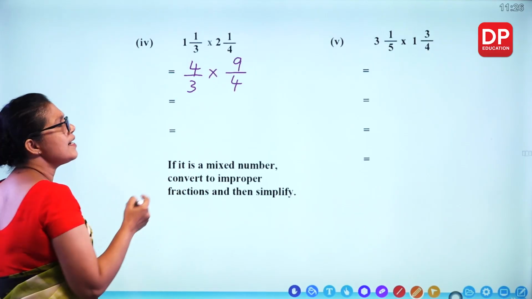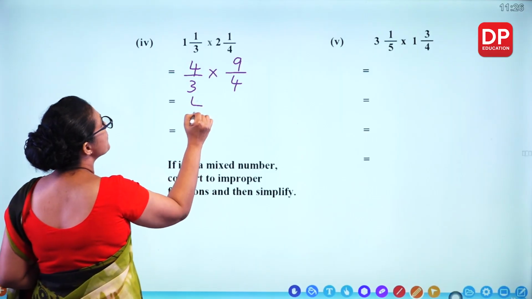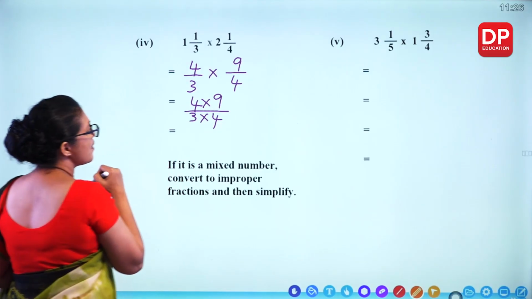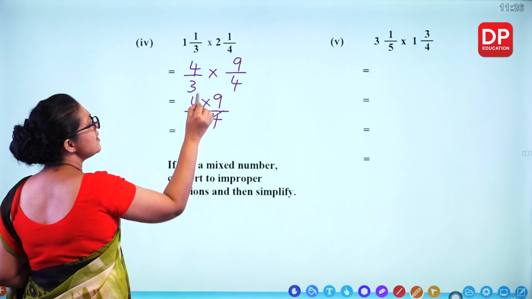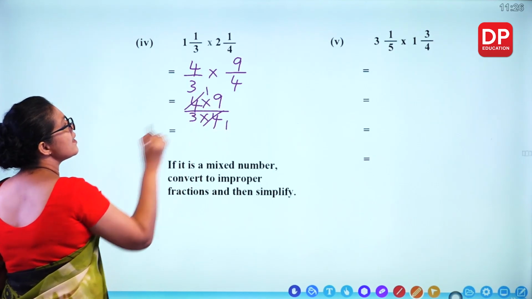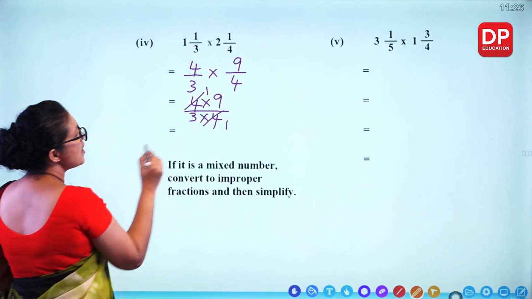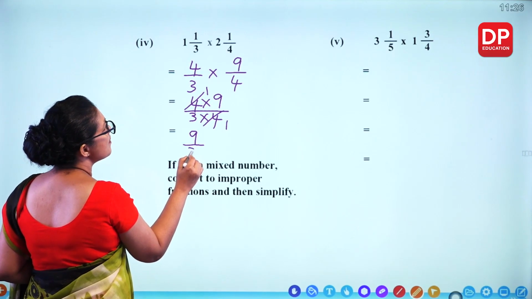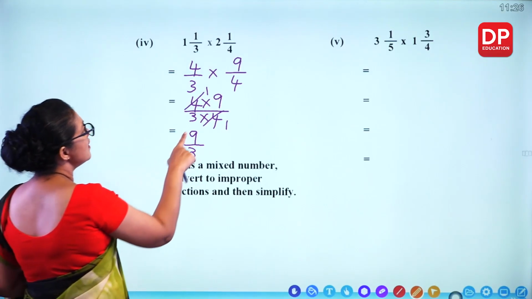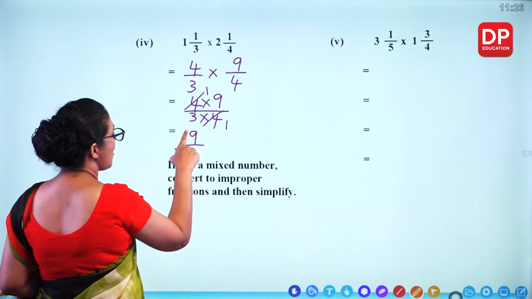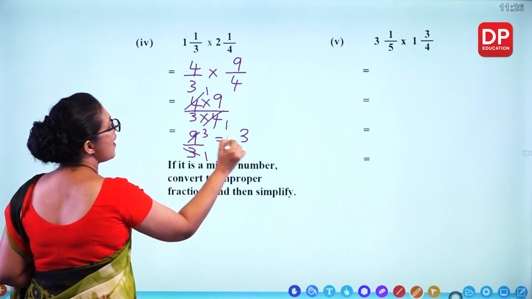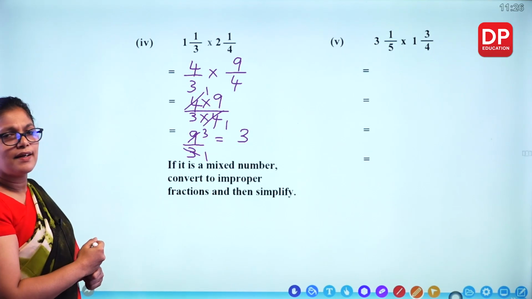Now you can multiply numerator separately and the denominator separately. 4 is common. You can simplify first. 1 times 9 is 9. 3 times 1 is 3. Here again you can simplify. 3 times 1, 3 times 3. So the final answer is 3.